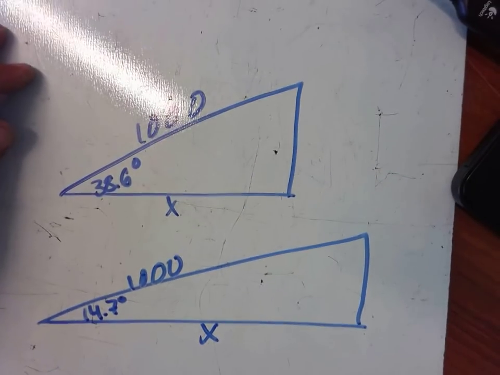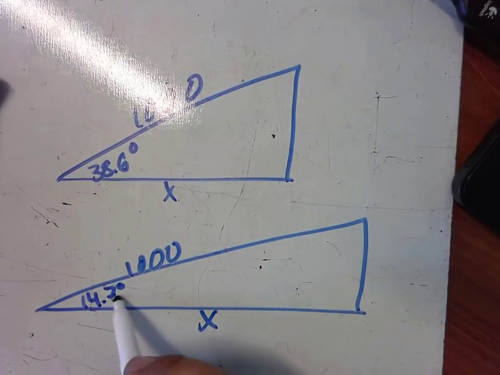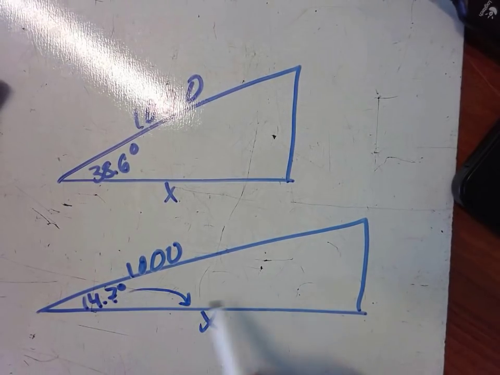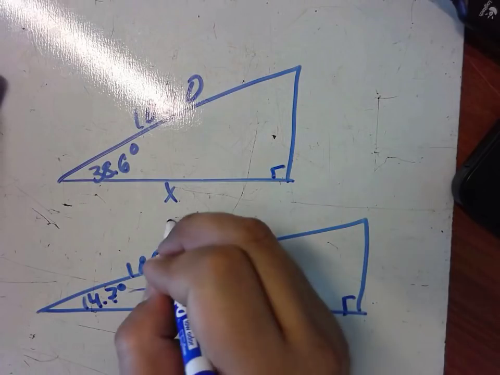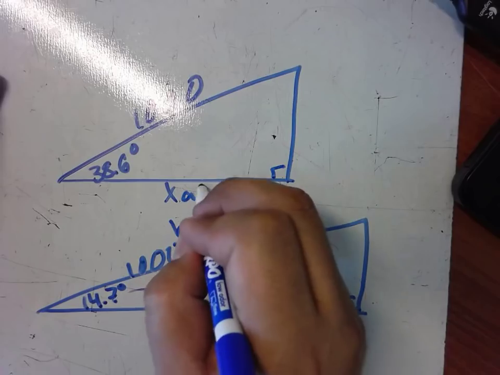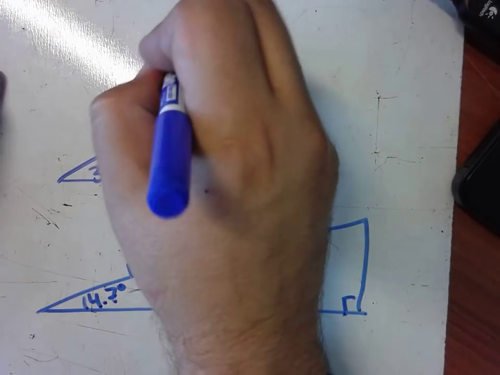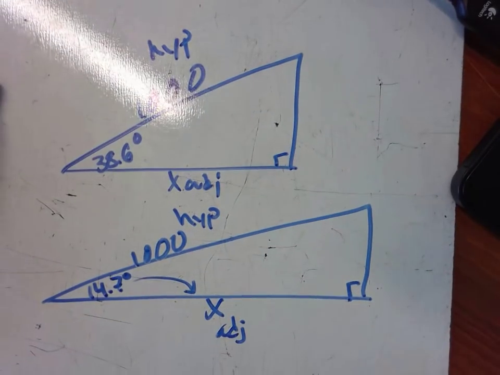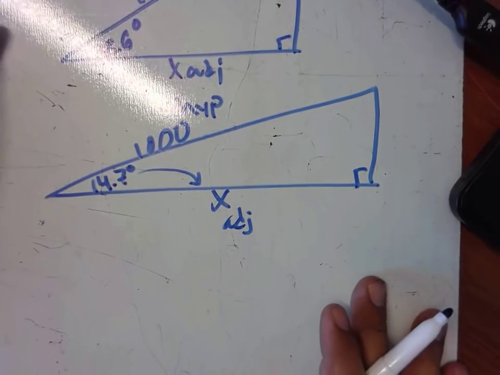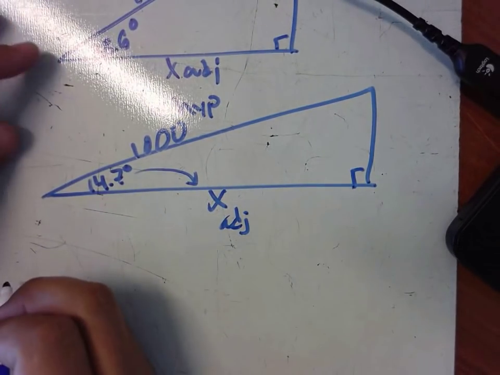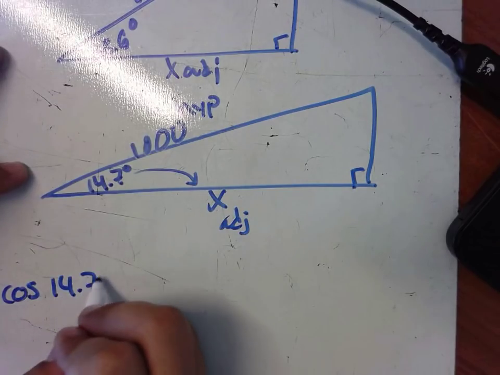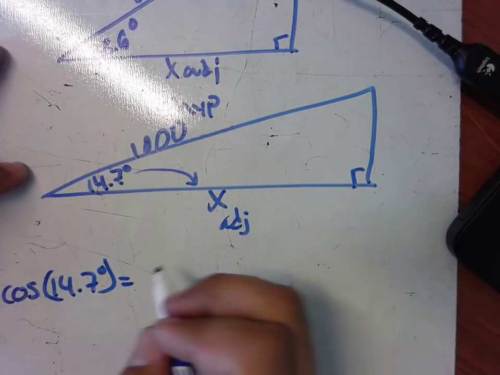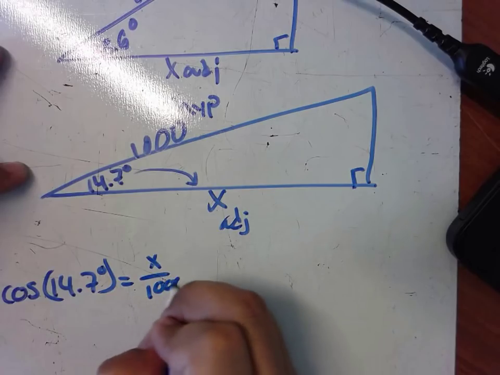They're both going to be the same trig function. This is the angle. That means this would be adjacent, and this would be your hypotenuse. Adjacent, hypotenuse. So they're both using cosine. For the smaller one, the cosine of 14.7 degrees is equal to adjacent over hypotenuse.